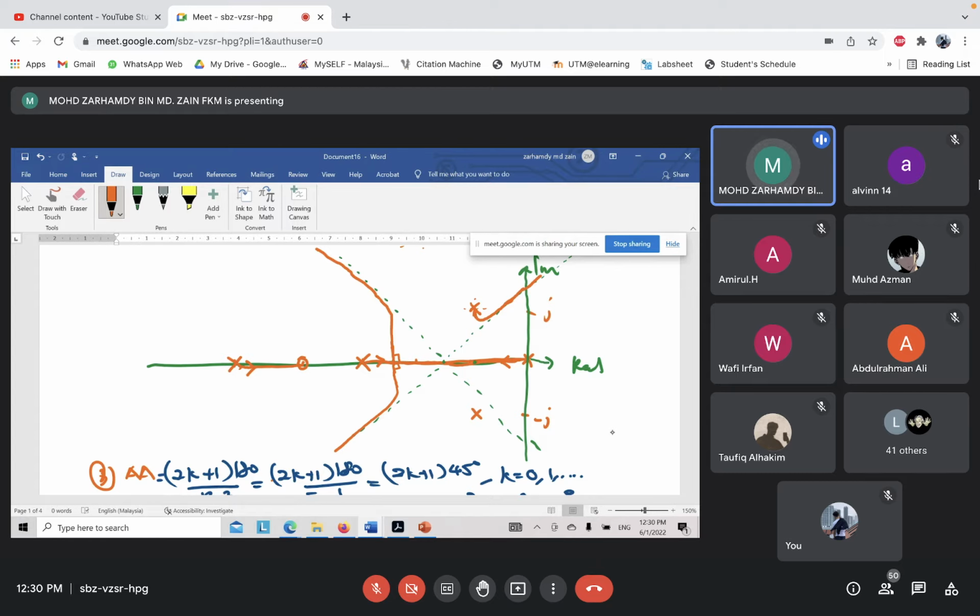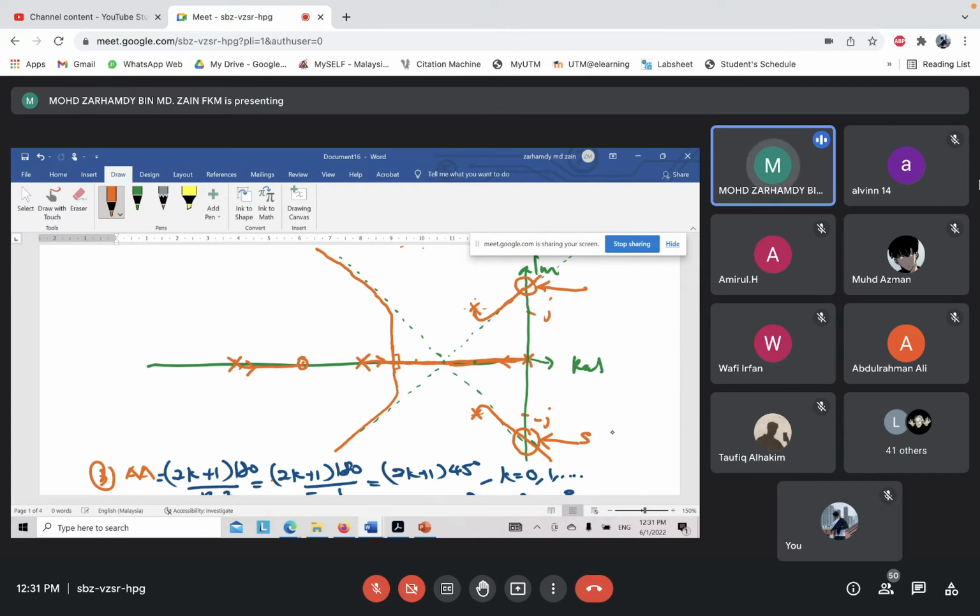And also here is positive 60, somewhere here, and it will also pass through the imaginary axis. So what we learned yesterday, if the root locus passes through the imaginary axis, we need to define the value of the intersection.